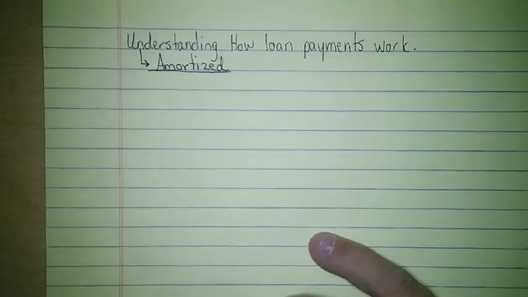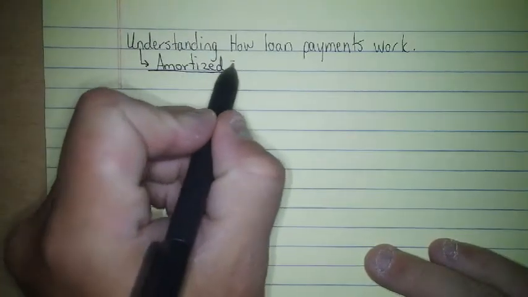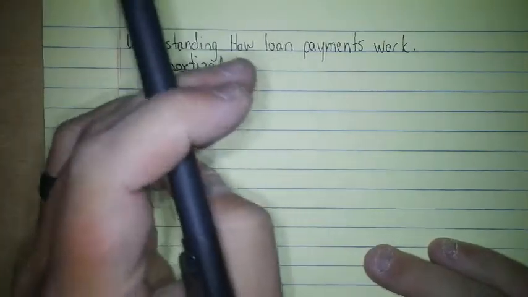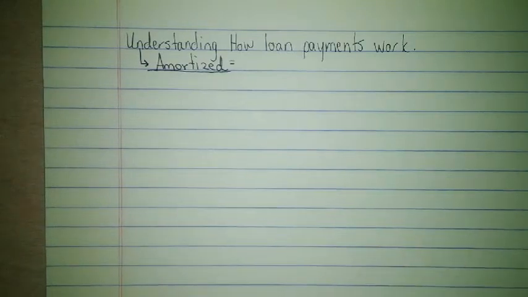Now, what this means, guys, is let's say you take a loan out, and let's just use the example of the car loan. Let's say you take a car loan out for 6 years, 5 years, whatever you decide you want to do that with, okay? You're going to pay the exact same amount every single month until that loan is paid off. Does that make sense?